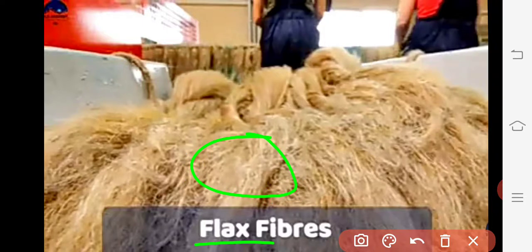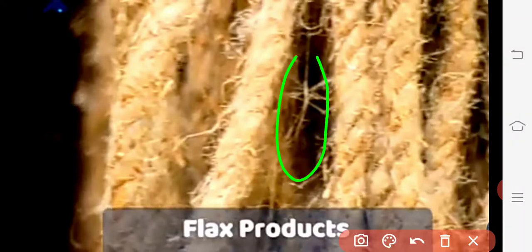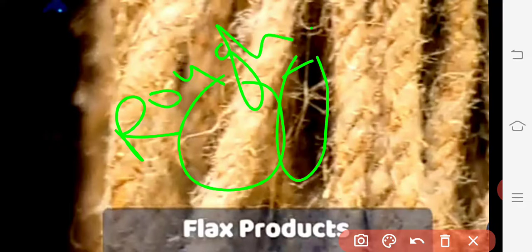These flax products are quite rough compared to jute fibers. Both are broad, no problem about that, but flax is quite rough. See here, the threads are open and it looks and feels quite rough. That does not happen with jute fibers, only with flax products.